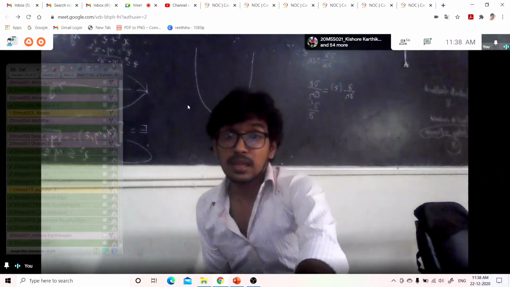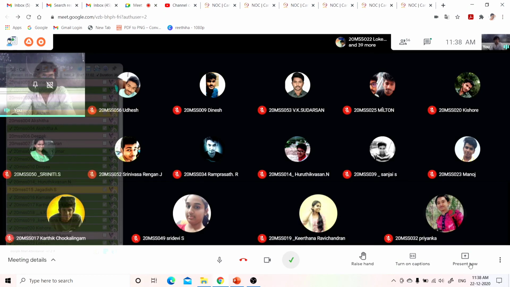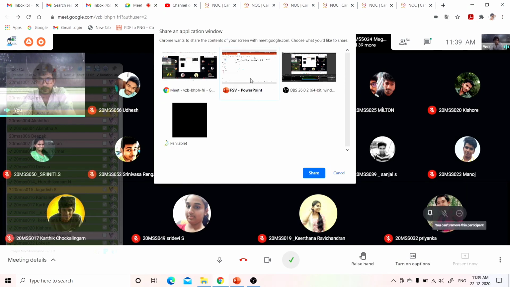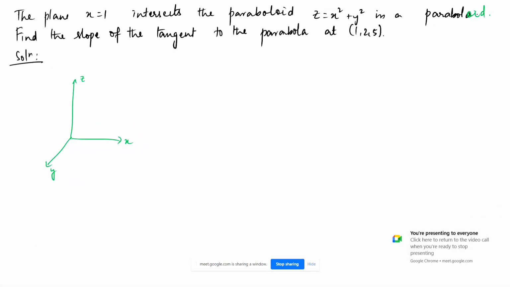In this problem, they themselves have specified that it is a paraboloid, but what if they don't specify it is a paraboloid and we are given only that equation alone? So, hope you people can see my screen now.